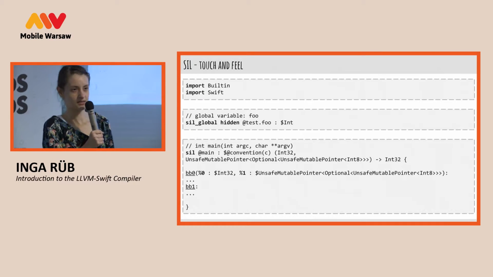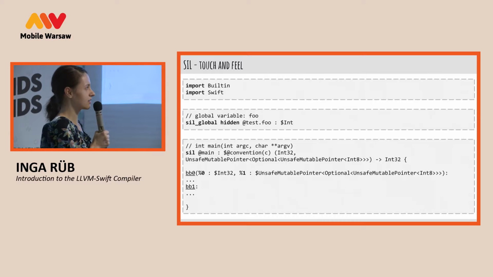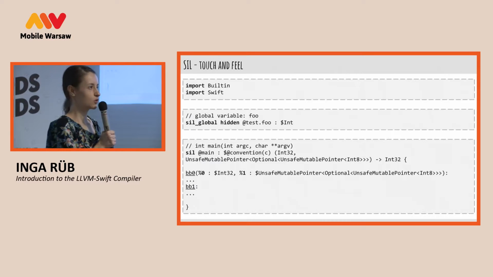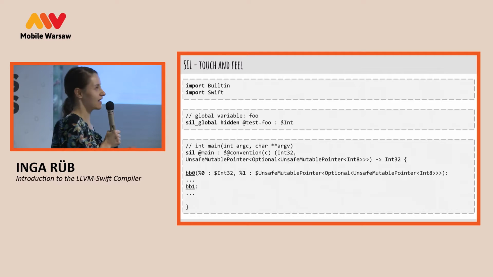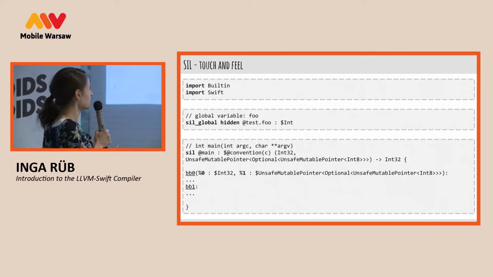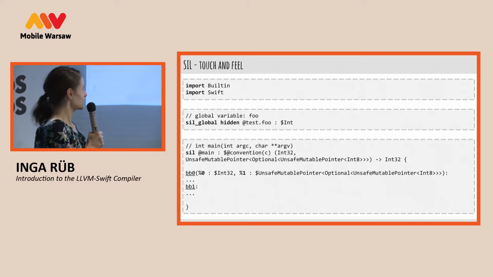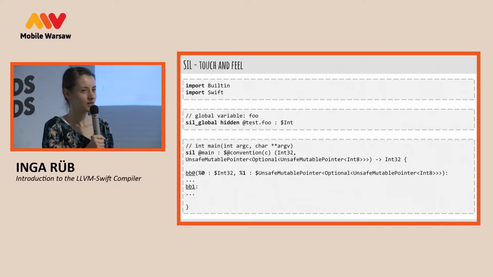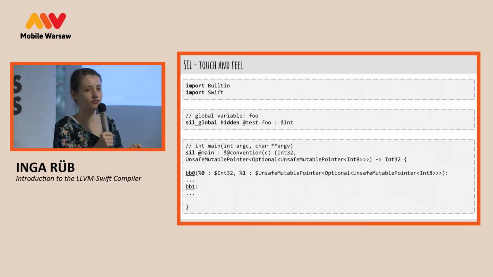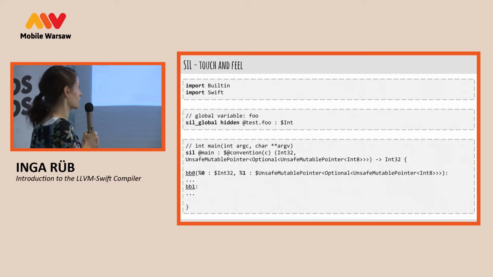The first one is a built-in library, which is an interface between Swift, between SIL and LLVM, and the second one is something that connects SIL with the Swift library. So this is the interface for these two libraries, one could say.